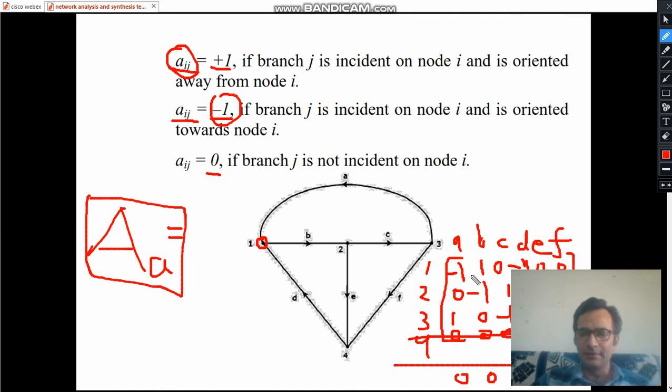So add all the other things and subtract from 0, and whatever is the result, we can write down here. The row which has been deleted in the reduced incidence matrix is known as the row corresponding to the reference node. If this row had been deleted, then this node is considered to be our reference node.